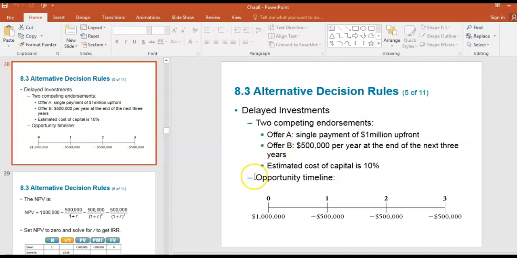Well, what we've got here is an opportunity timeline that is written under the context where accepting A comes with this cash flow and comes at the cost of these cash flows, what I would have gotten if I'd accepted offer B. You can imagine the reverse of this, right? Where we give up $1 million now and get $500,000 in the future.